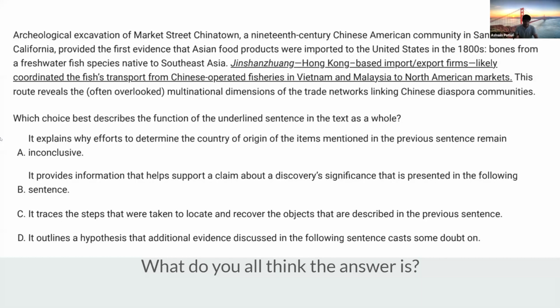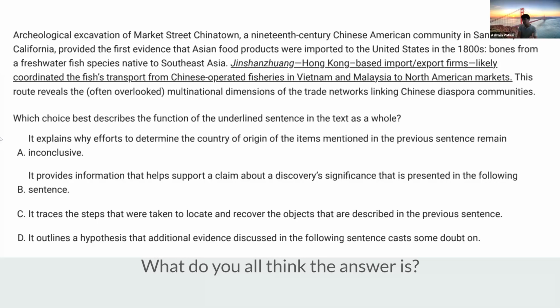And as for B, it provides information that helps support a claim about a discovery's significance that is presented in the following sentence. Right? Okay, so information. Yes, there is information. They're talking about this Hong Kong-based import and export firm. Help support a claim about a discovery's significance, right? That is presented in the following sentence.